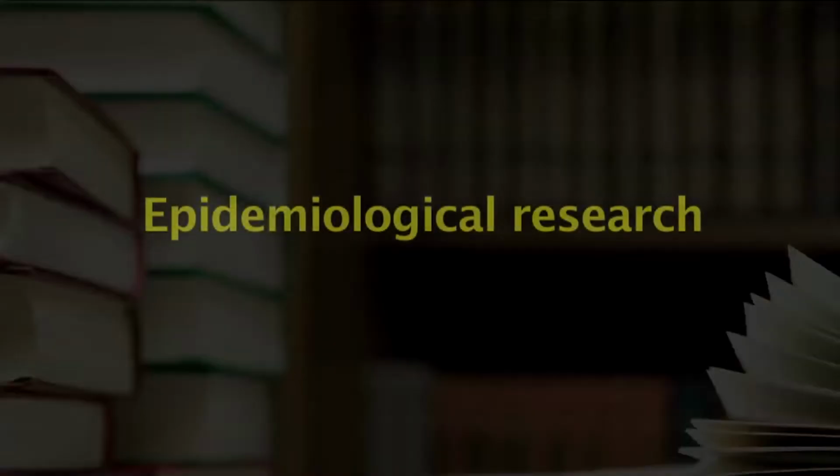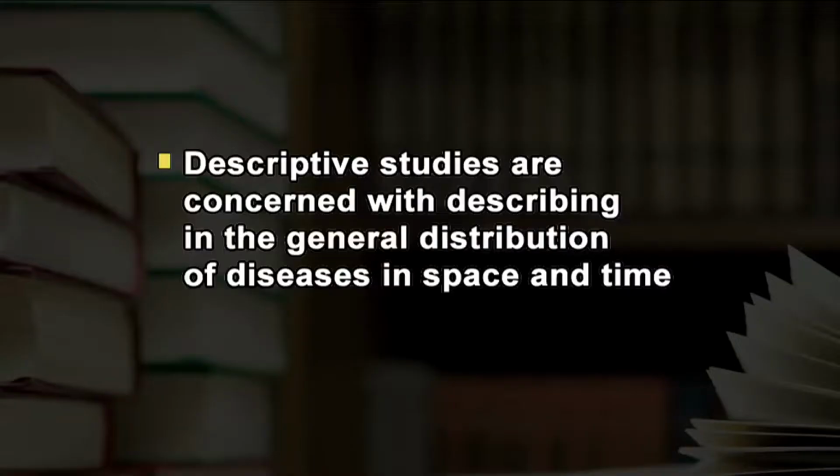One of the most important research methods that can be used in assessing health needs is called epidemiological research. Epidemiological research includes both descriptive and analytic studies. Descriptive studies are concerned with describing the general distribution of diseases in space and time, such as case series studies and cross-sectional surveys.